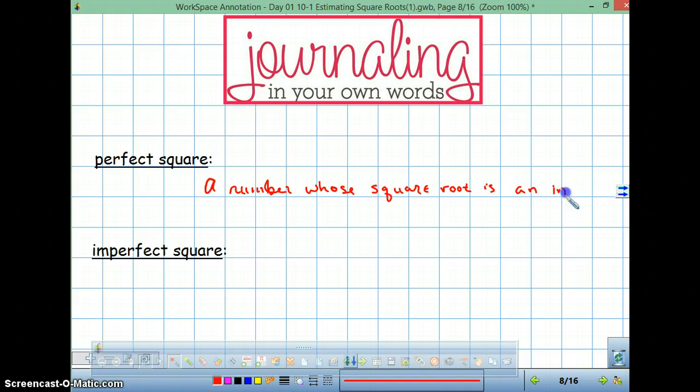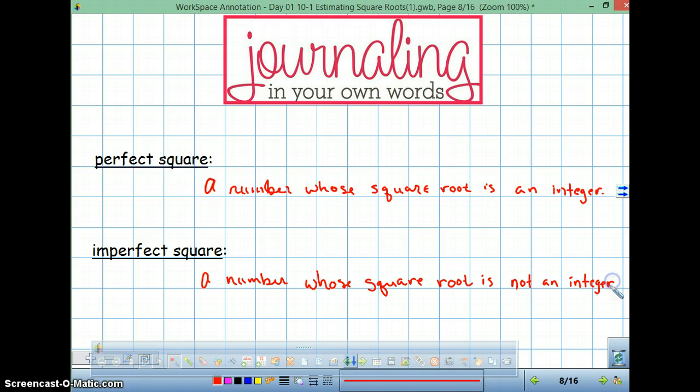Okay. An imperfect square would be a number whose square root is not an integer.